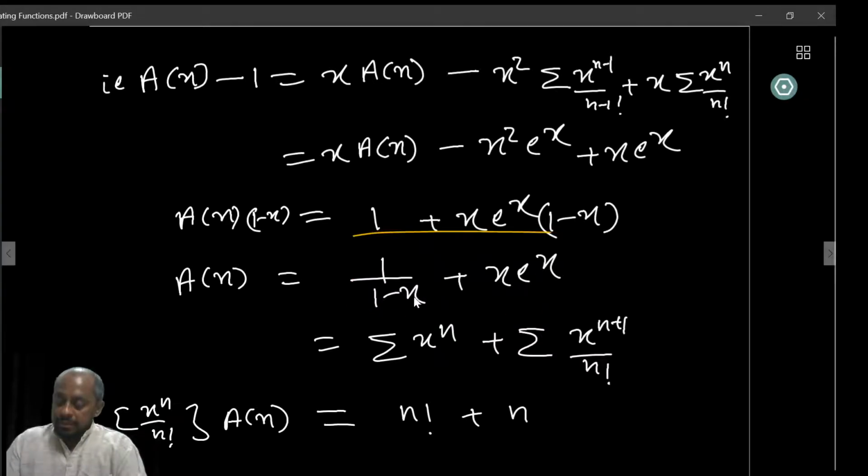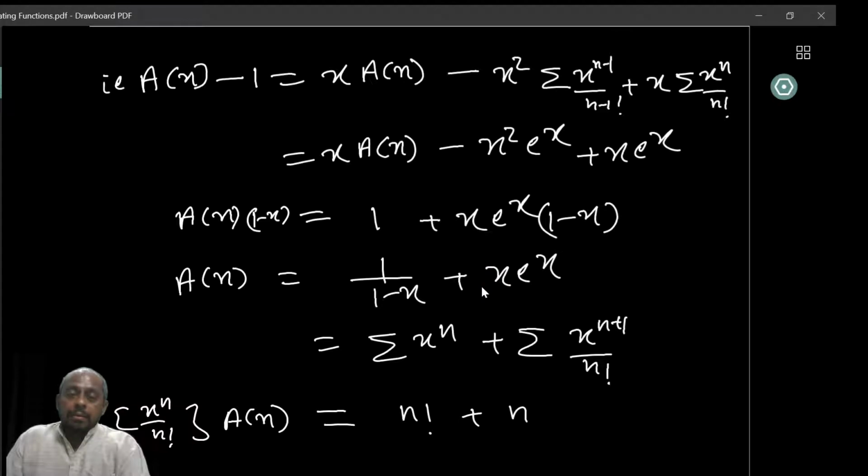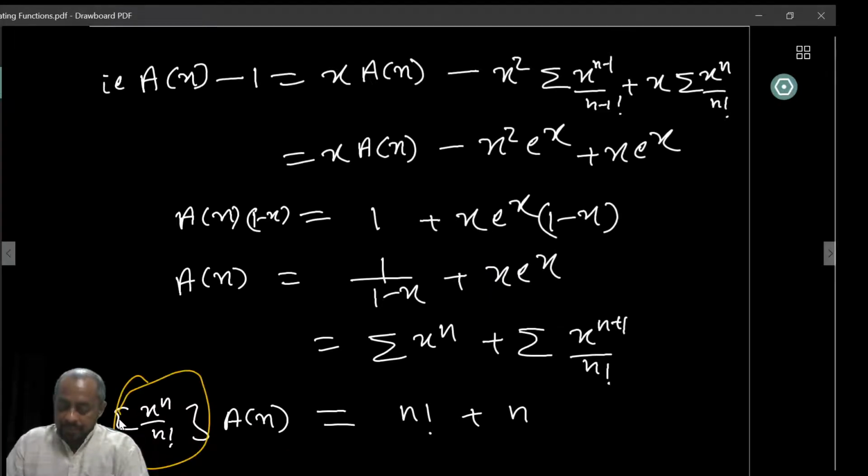So what is this? We know this is summation x raised to n, 1 by 1 minus x. And this is summation x raised to n plus 1 by n factorial, with the addition of x here. Now we want the coefficient of x raised to n by n factorial in A(x). So what is the coefficient of x raised to n by n factorial here? We can only say x raised to n, so we have to put the n factorial.